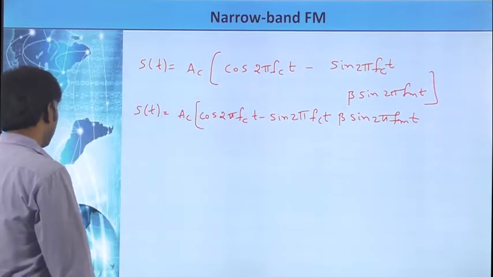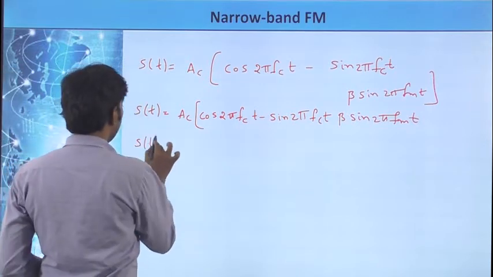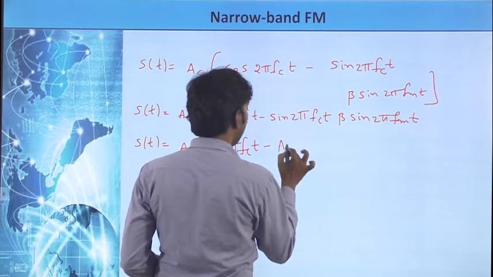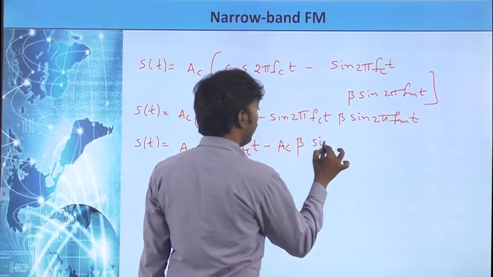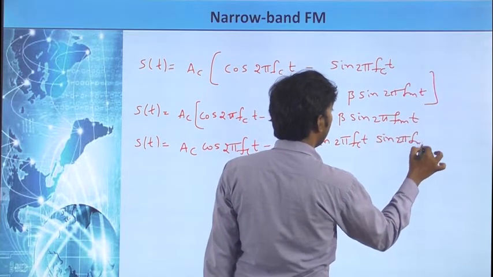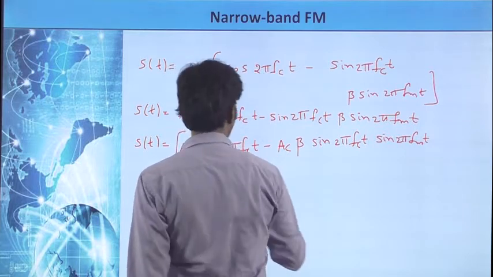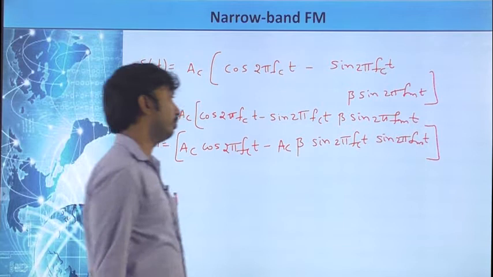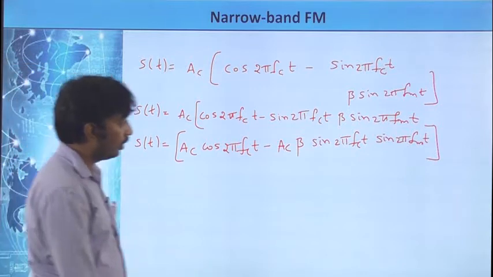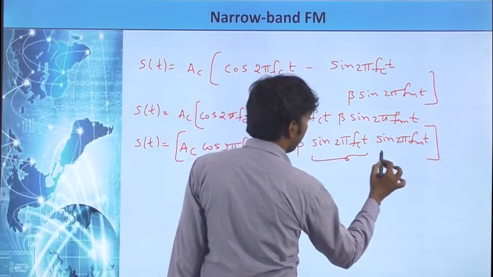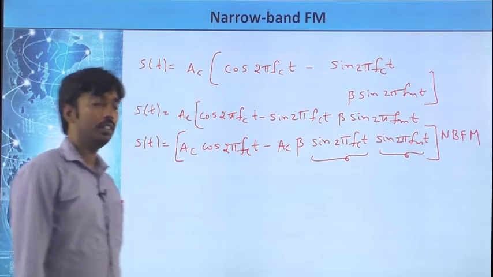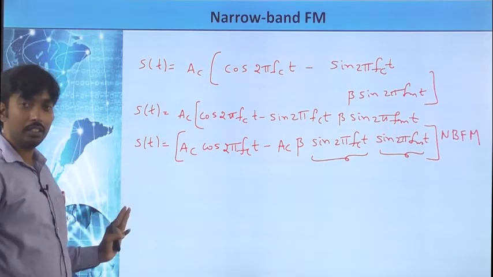So I can take AC inside, then the expression will be AC cos 2 pi FCT minus AC beta sin 2 pi FCT sin 2 pi FMT. And this is the narrowband FM time domain expression.